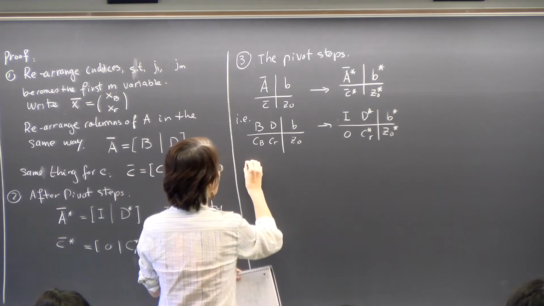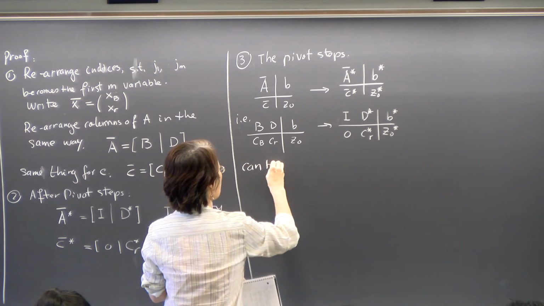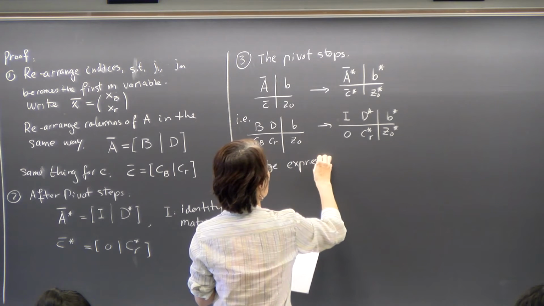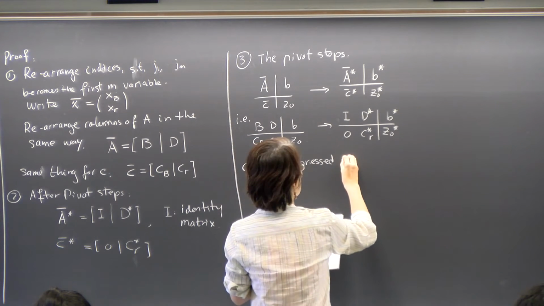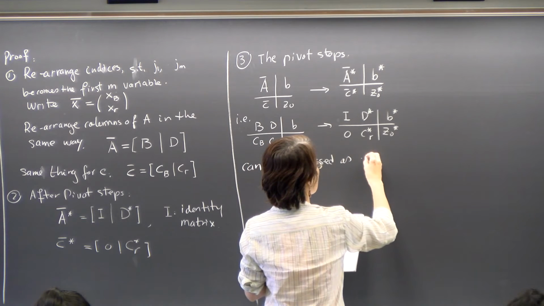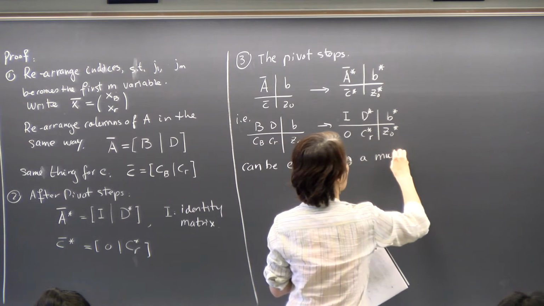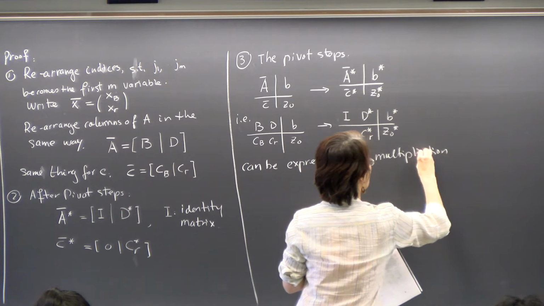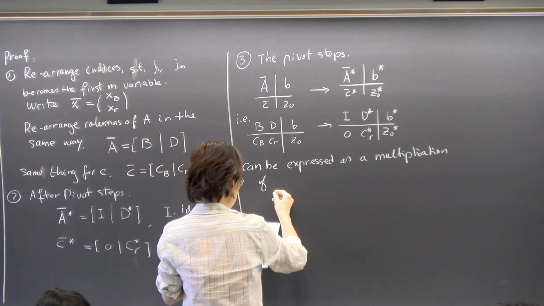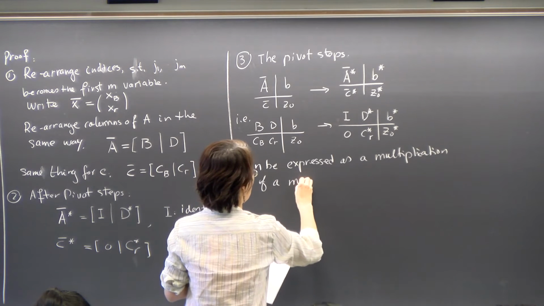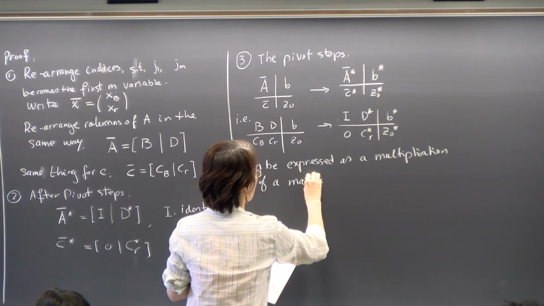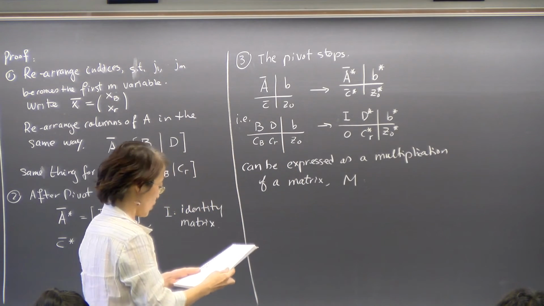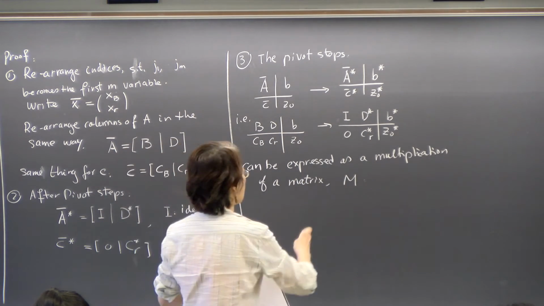All right, so this can be expressed, interpreted, whatever, as multiplication of a matrix, say I call it M, on the left. So what does it mean?